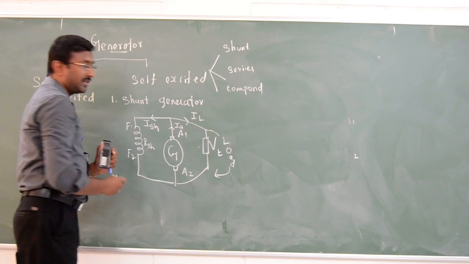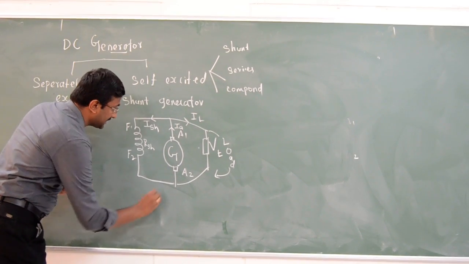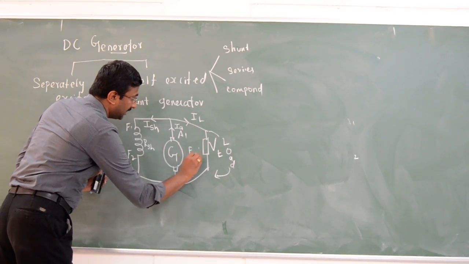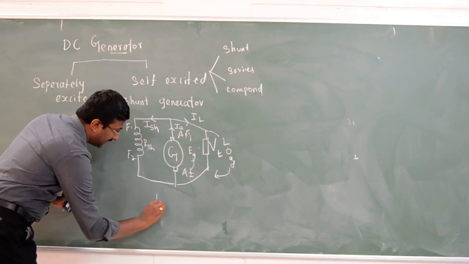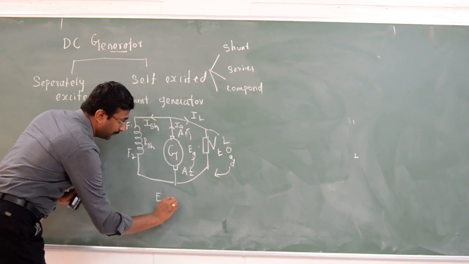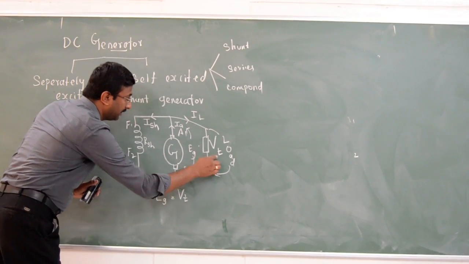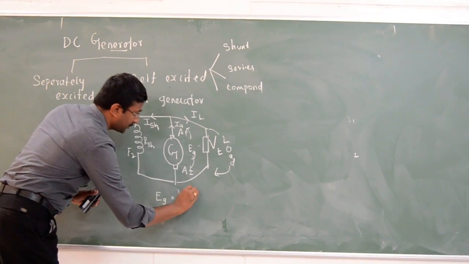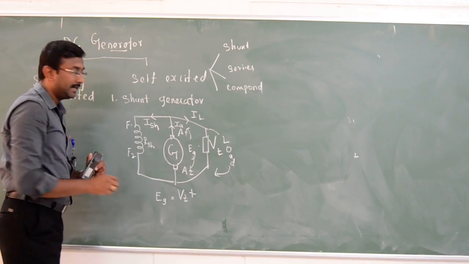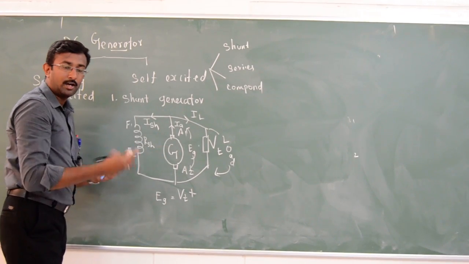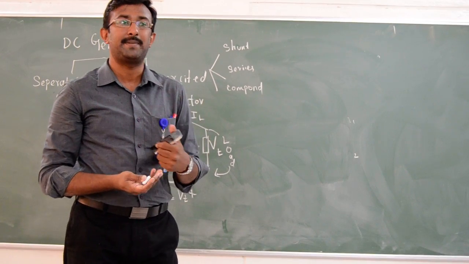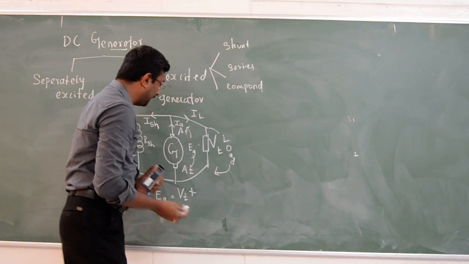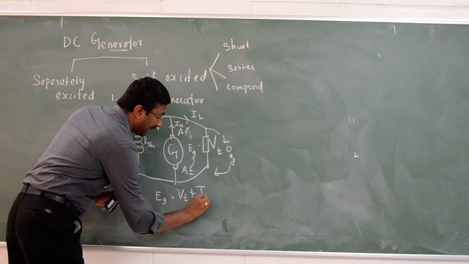The voltage equation of a shunt generator can be written as follows. Eg is the voltage generated at the armature. The generated voltage Eg is equal to the terminal voltage plus the losses in the generator. What are the losses in the generator? The armature has its own resistance, represented as Ra, so there will be an Ia Ra drop.